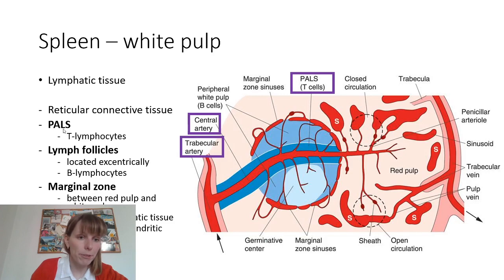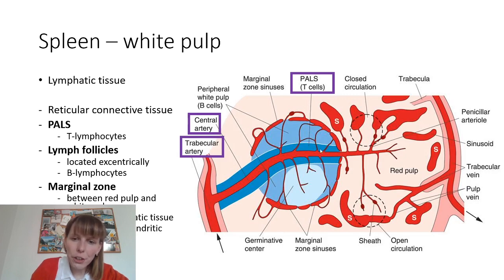But we also have T lymphocytes, and T lymphocytes will be present in this dark blue area. So B lymphocytes here, and T lymphocytes will be in the place which is called PALS. And PALS stands for periarterial lymphatic sheath.